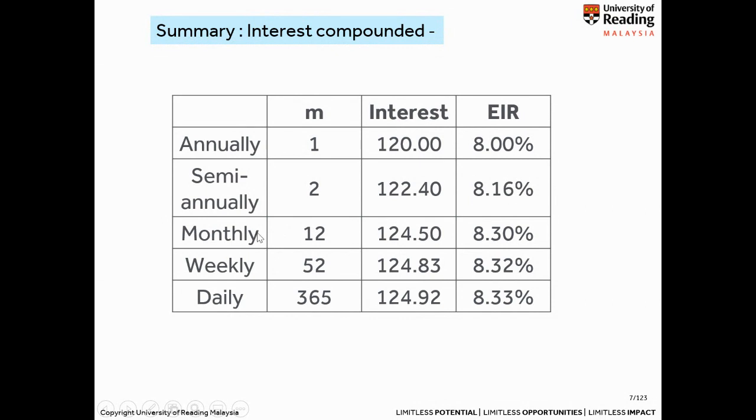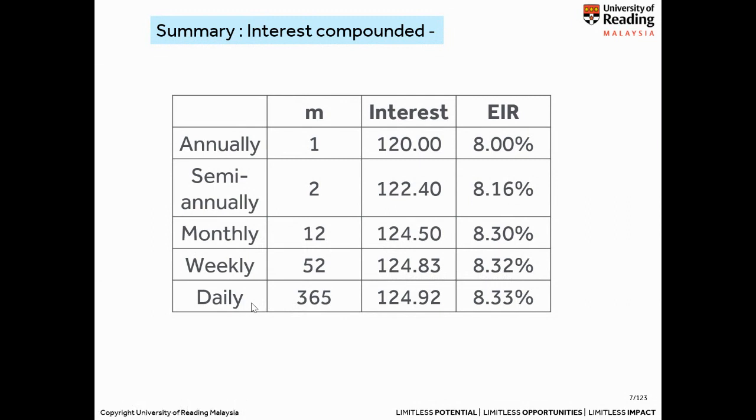Interest compounded monthly, m is 12. Total interest earned is 124.50. The EIR is 8.30%. Compounded weekly, m is 52. Interest earned is 124.83. Effective interest rate is 8.32%.